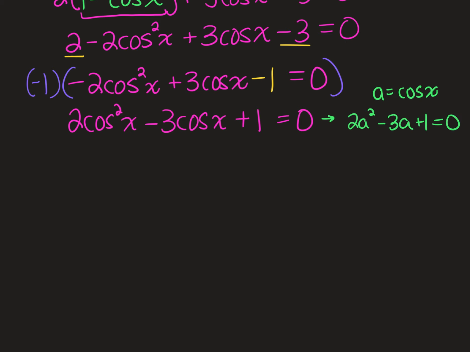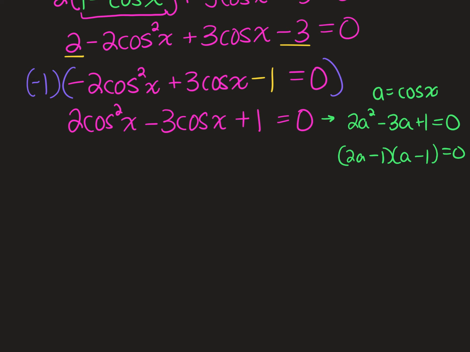That's not too bad to factor. We know it has to be 2a times a in order to get 2a squared. And then the only way we get positive 1 when we multiply two things together is if we do -1 times -1 or +1 times +1. So I think it's going to be -1 times -1, since this is -3a in the middle.